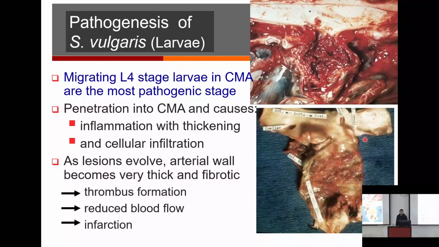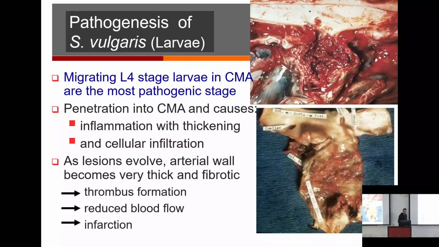So you can see they penetrate there and cause thickening or inflammation of the cranial mesenteric artery. You will also see the arterial wall become thickened, as shown here.